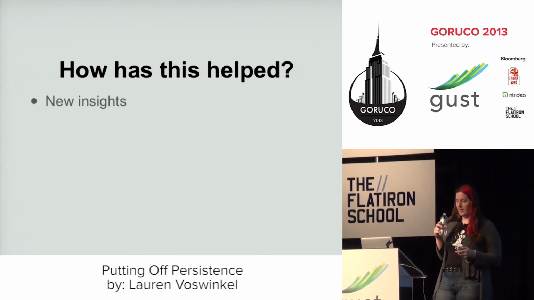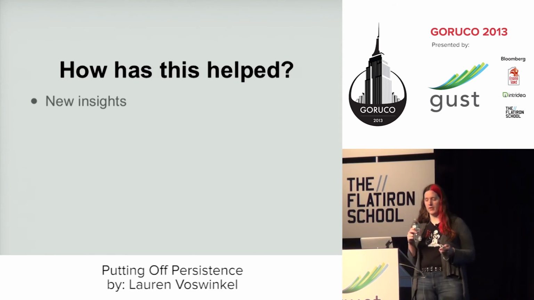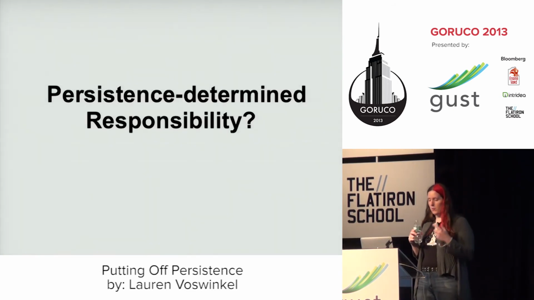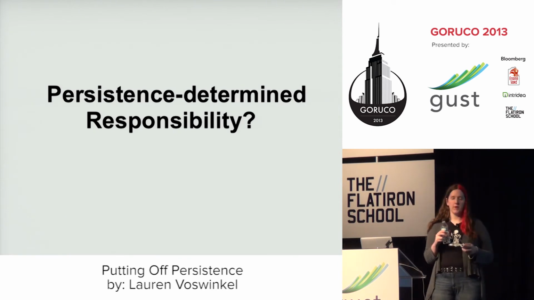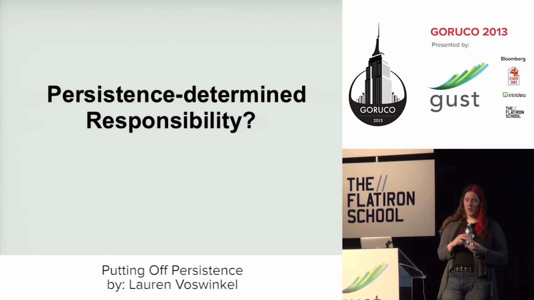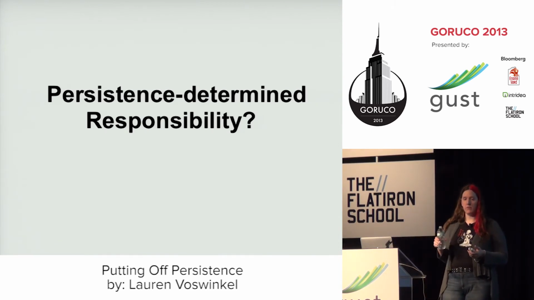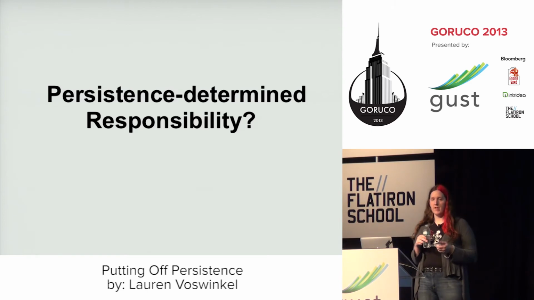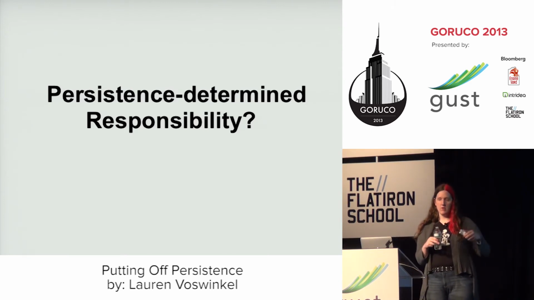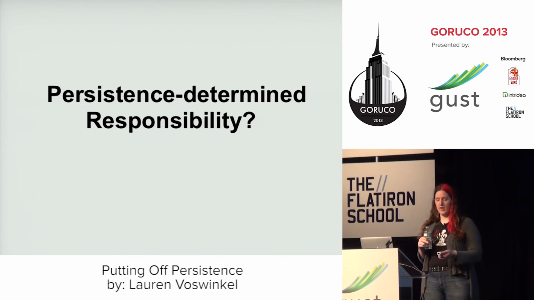And I think that is because of what I like to term persistence-determined responsibility. In a lot of instances that I've seen, what you store in the database tends to become, in your mind, something that belongs to that class. So if you store events with dates in them, you start thinking to yourself, oh, the event should be what's dealing with the date range.